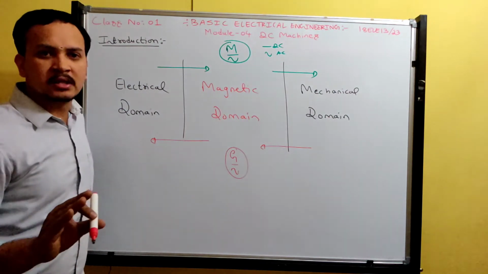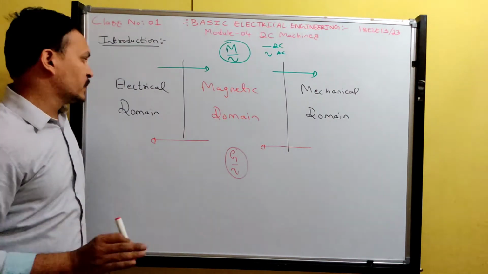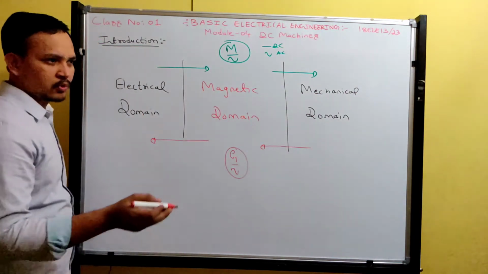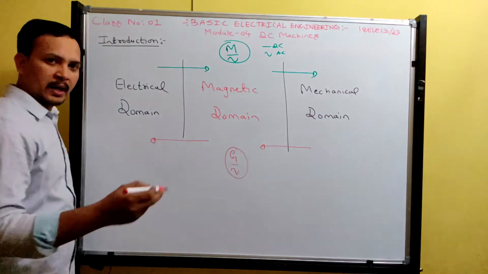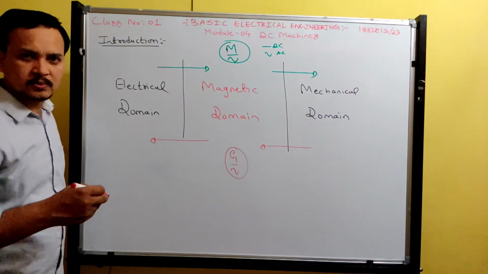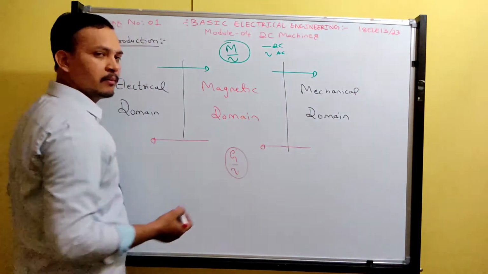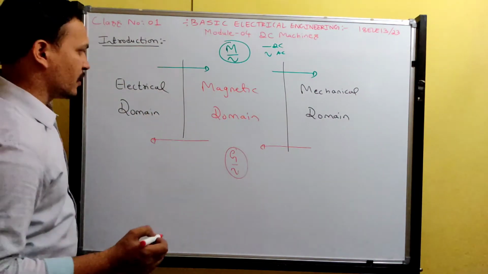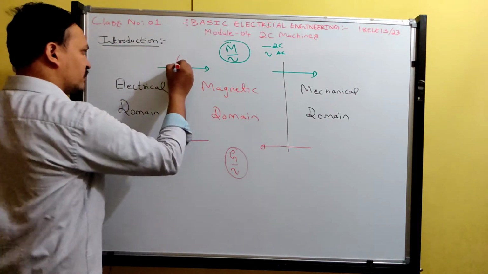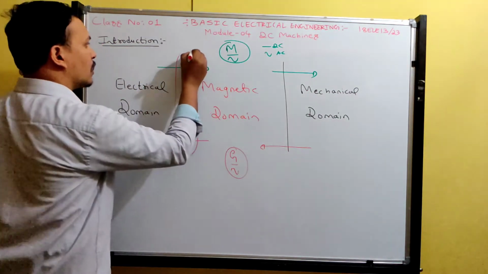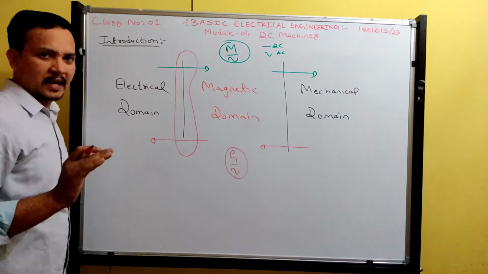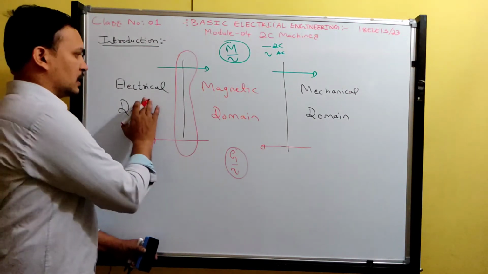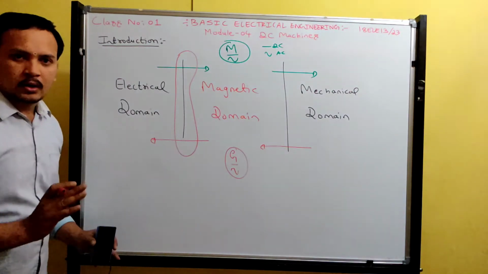There are no moving parts in a transformer. So the electrical domain is not moving, the magnetic domain is not moving, the mechanical domain will rotate. Some dynamic action will be there in the mechanical domain, but in the electrical and magnetic domains, there is no rotating part. Therefore, a transformer works only on these two domains. A transformer is an electrical device that works on the electrical domain and magnetic domain.